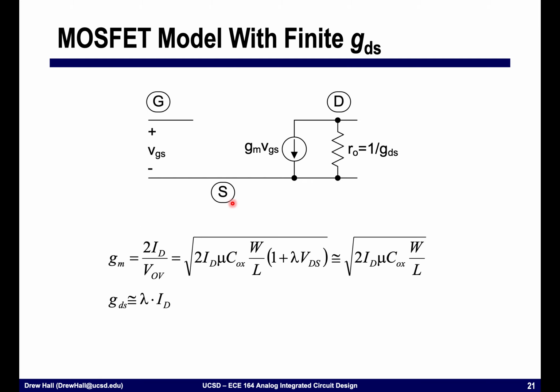All right, so if we think about our small signal model, we started off with just this transconductor, that a transistor has transconductance, that's its primary purpose. And now we've added this finite output impedance, which looks like a resistor between the drain and the source, where GM is equal to 2ID over VOV, or if we plug in ID, we have this expression, and GDS is equal to lambda times ID.